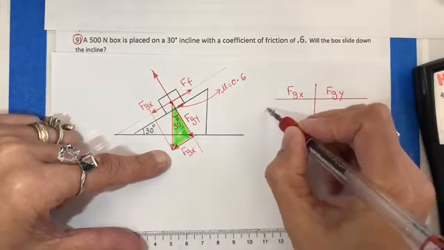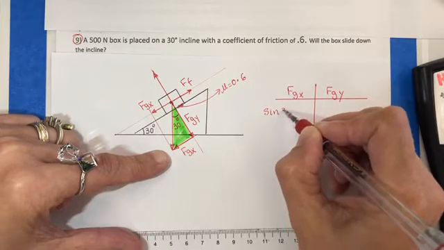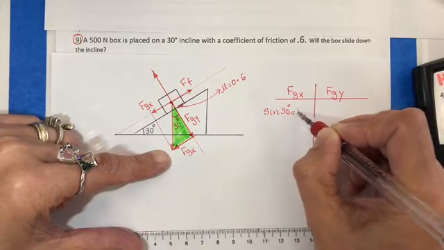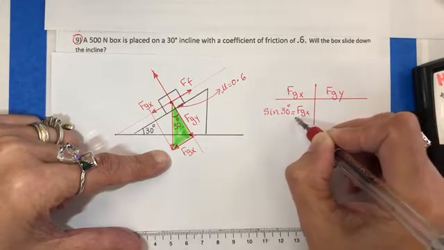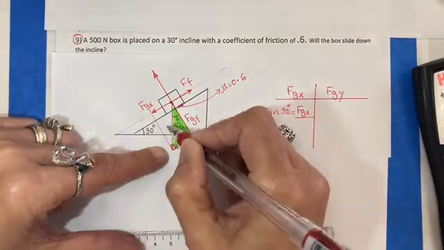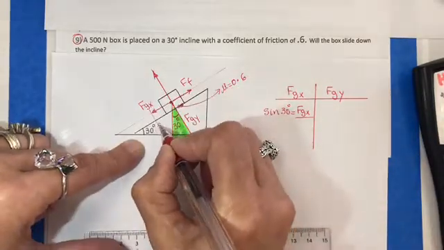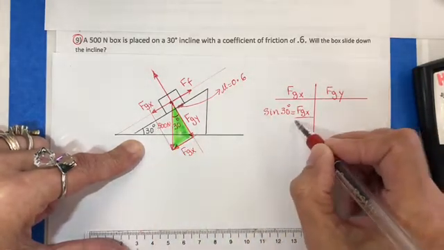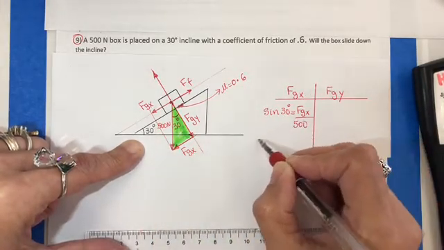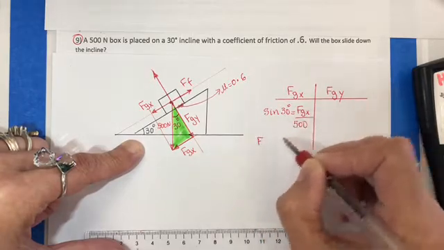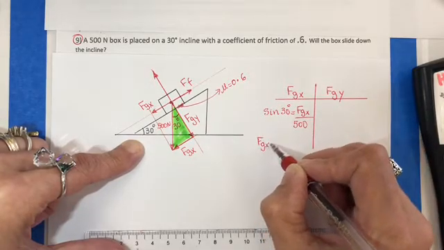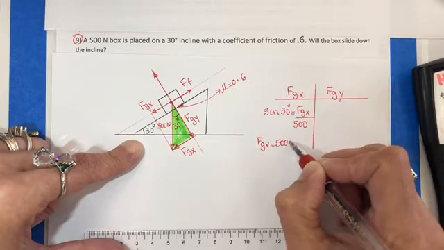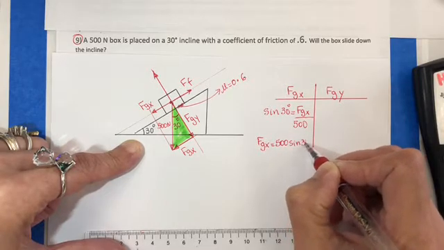Sine of 30 degrees is the opposite over hypotenuse, which is the weight. The weight given is 500 newtons. When you do cross multiplication, your FGX is 500 sine of 30.